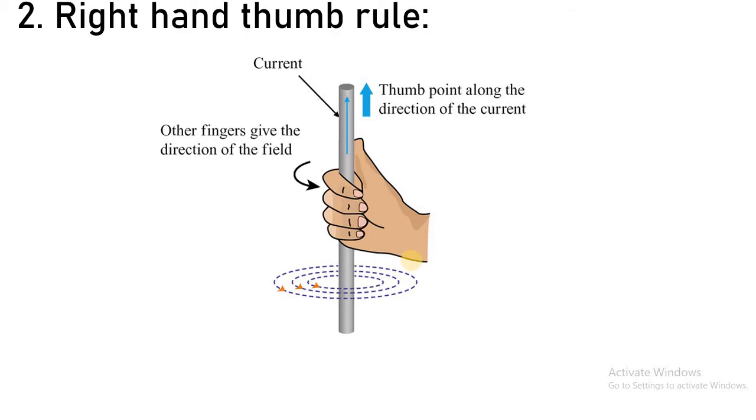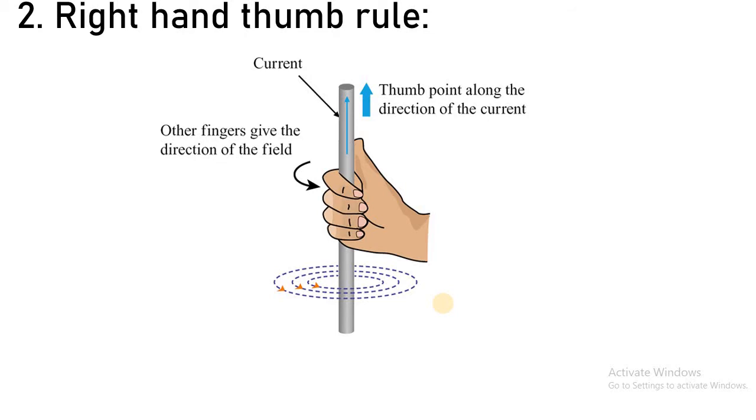We have to take our right hand thumb, and we have to hold our conductor in which the current is passing. Just do it in imagination, don't touch any live conductor, okay? We are just finding the current direction, so we will just act in that way, otherwise you will touch the live conductor and you will get a shock, so don't do that. We want to find out the direction of magnetic field by using the right hand thumb rule.